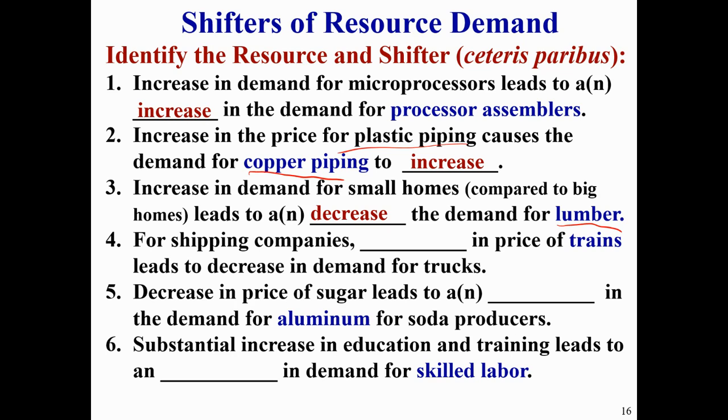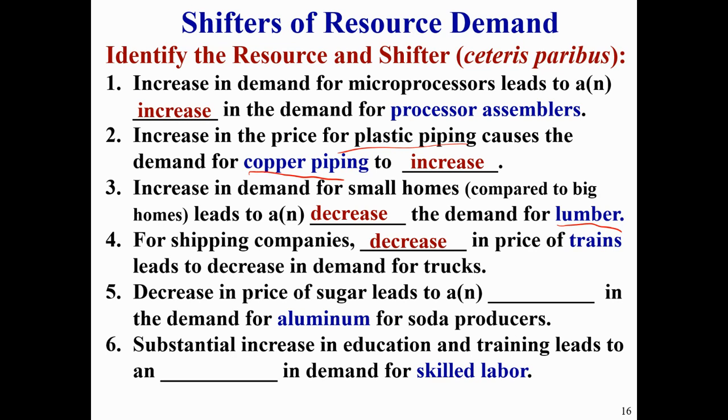Okay? For shipping companies, an increase in the price of trains leads to decreasing demand for trucks. So if my demand for trucks decreased, it means I had an increase or a decrease in the price? A decrease, very good.